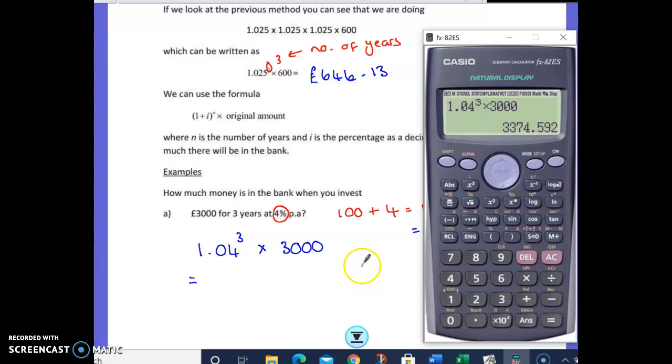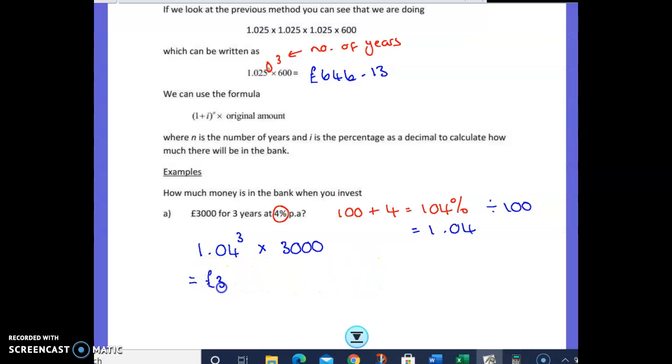That comes out at 3374.59. Done. 3 marks. So 3 marks for a short way of doing the questions rather than 3 marks for having to go through lots and lots of calculations. Less likely to make a mistake this way. Let's try the next one.